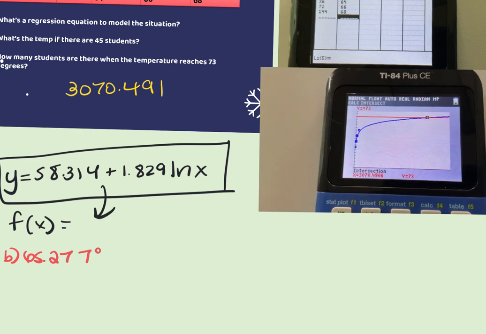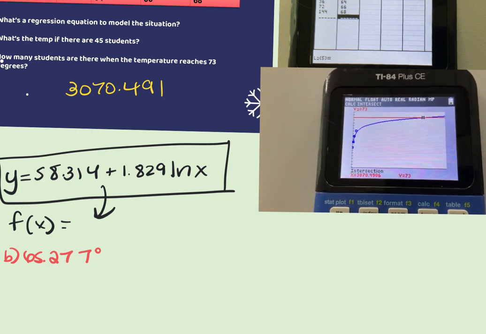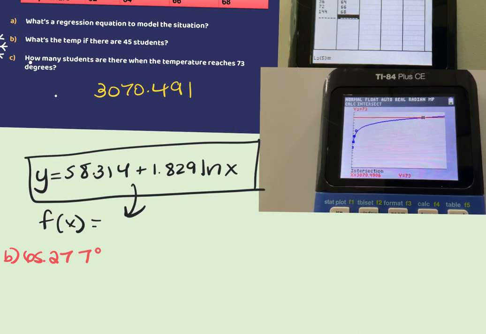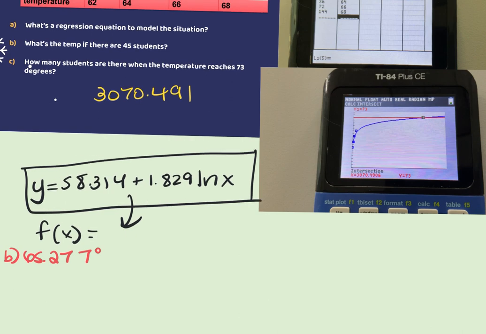So we're going to talk about an approach to deal with this in a minute, but think about that answer. Can you have 0.491 of a person? No. So if I round down, I have 3,070. Has my temperature hit 73 yet?